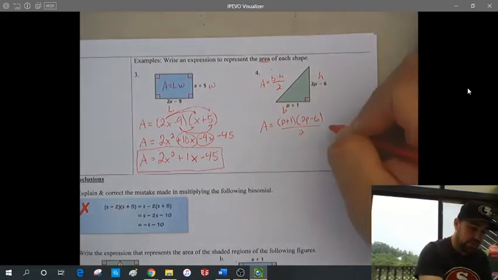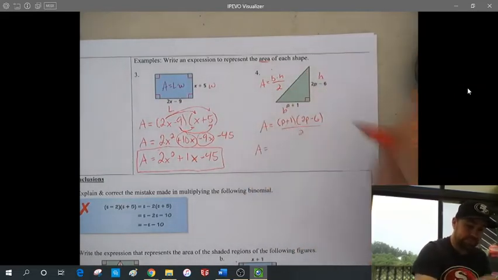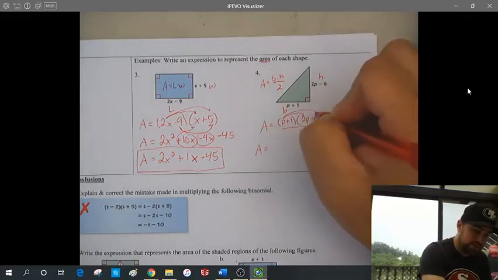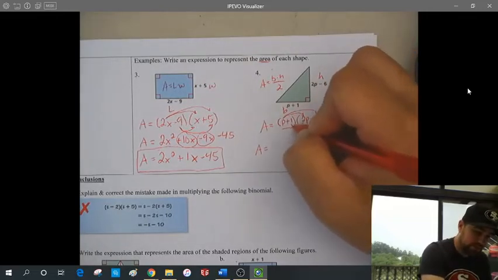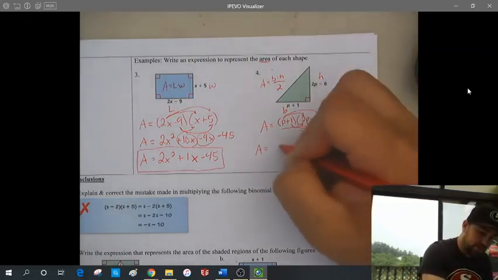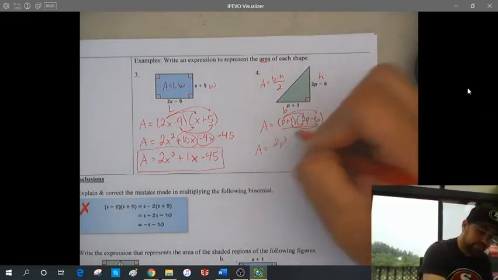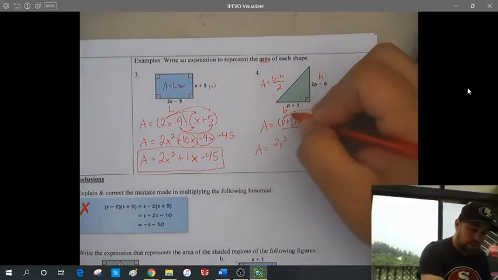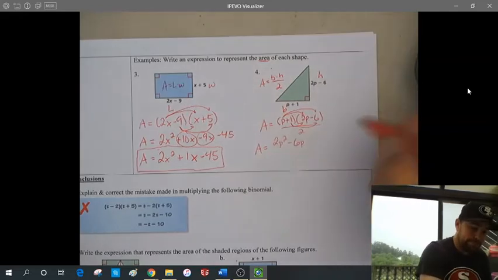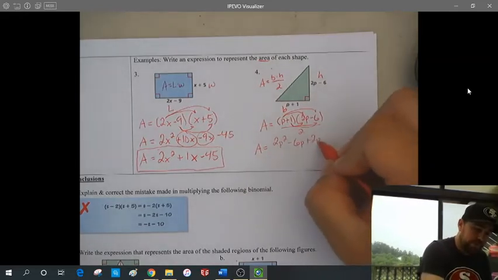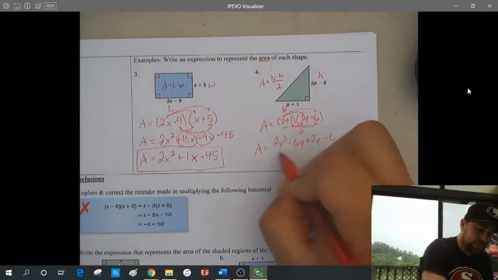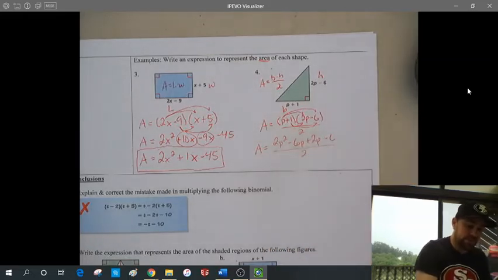And so now using FOIL to multiply that out, on the top, p times 2p and p times negative 6, 1 times 2p and 1 times negative 6. That's going to give us 2p squared minus 6p plus 2p minus 6, and then still all divided by 2.